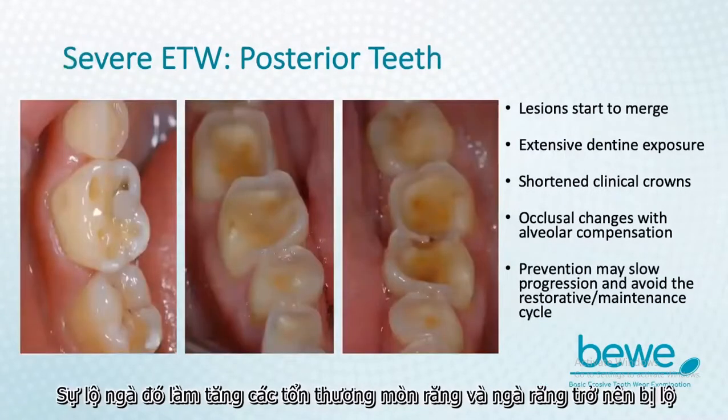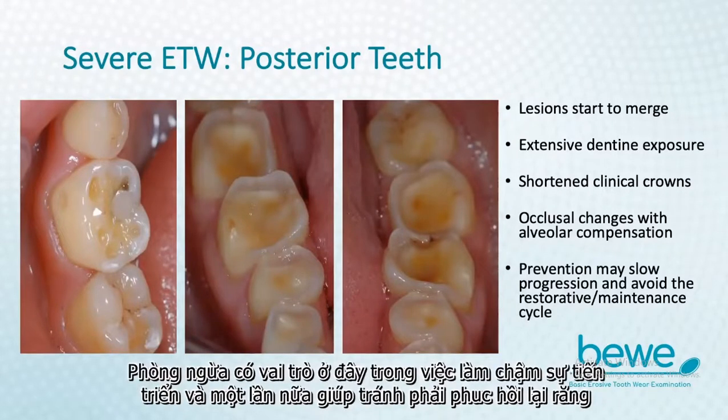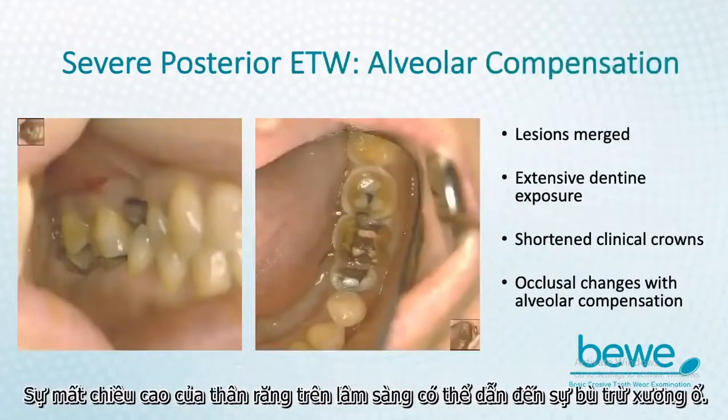As exposure increases, the wear lesions merge and the dentine becomes exposed, and in severe cases, the clinical crowns shorten and the occlusion changes. Prevention has a role to play here in slowing progression and again helping to avoid the restorative maintenance cycle. The loss of clinical crown height can result in alveolar compensation.